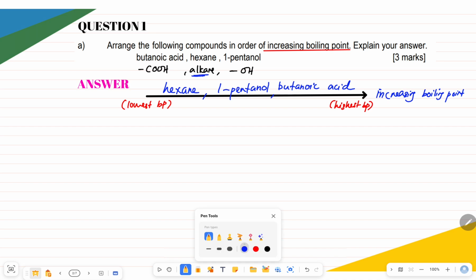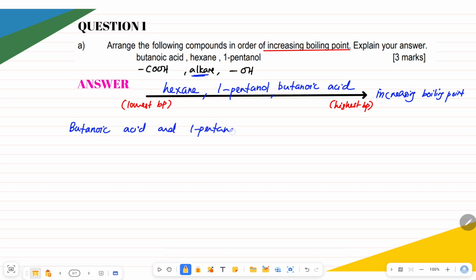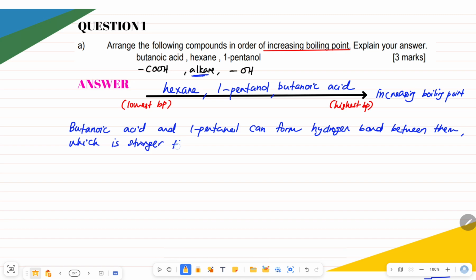So let's explain why we arrange like this. First of all, both butanoic acid and 1-pentanol have higher boiling points because they can form hydrogen bonds between them, which is stronger than van der Waals forces that can only be formed between molecules of hexane.